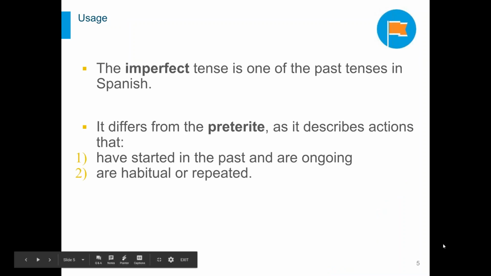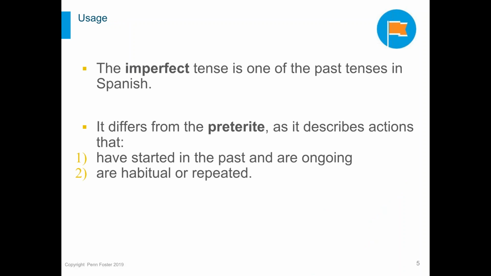So let's begin with the usage, how to use the imperfect tense. It is one of the past tenses in Spanish, and it's used to express actions that have started and are ongoing in the past, as well as habitual or repeated actions in the past.